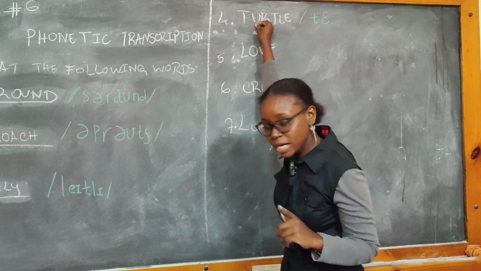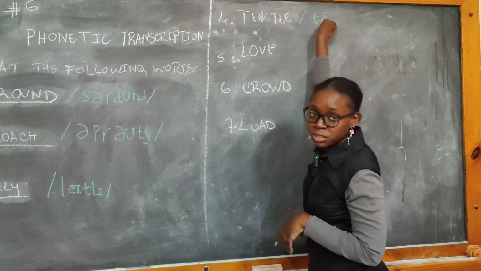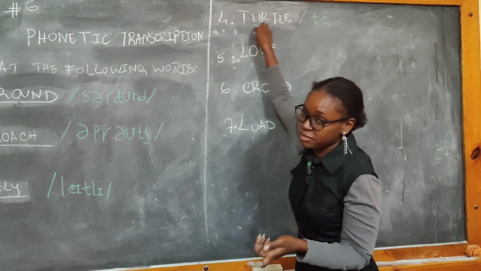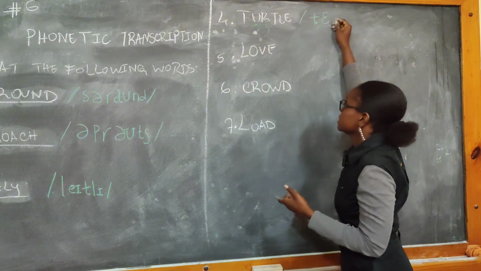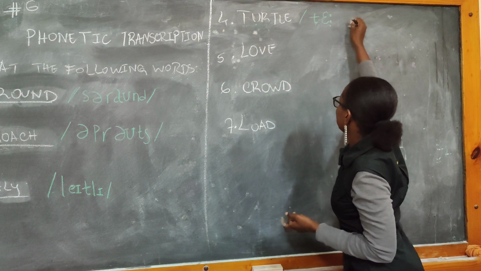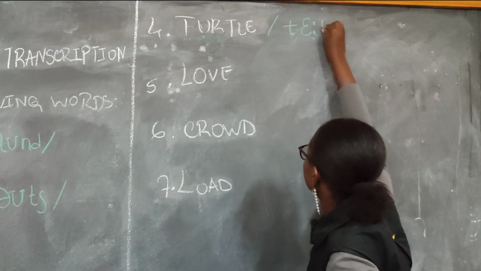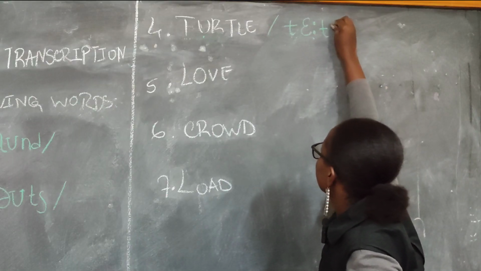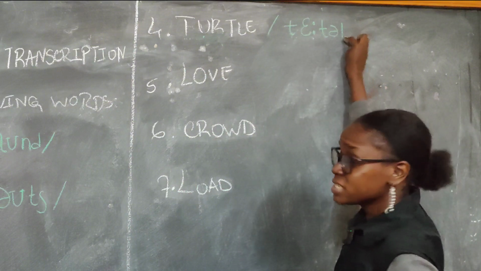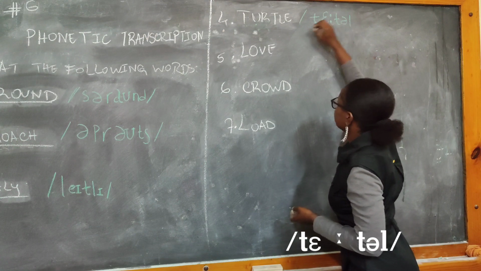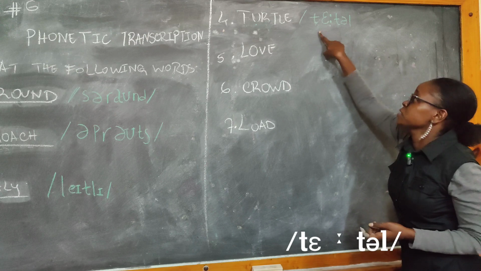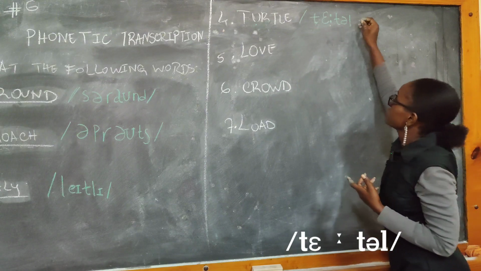So we don't pronounce R. So here in the phonetic transcription, we won't have the R sound. So it's turtle, the long e. Remember to place this. And then T, schwa, and L. Turtle. This is how we pronounce the word that's written this way. So this is the phonetic transcription. We pronounce it as turtle.